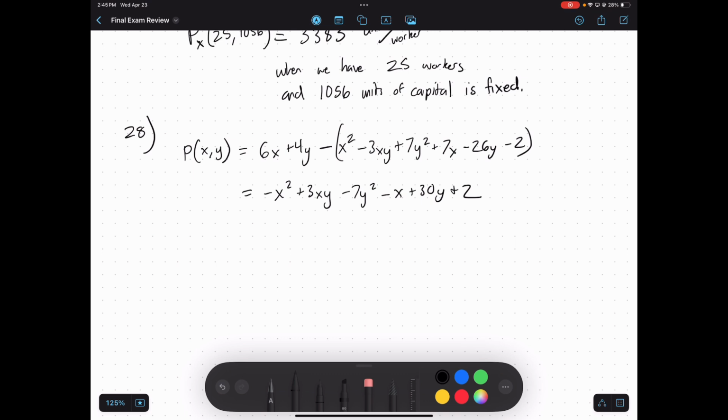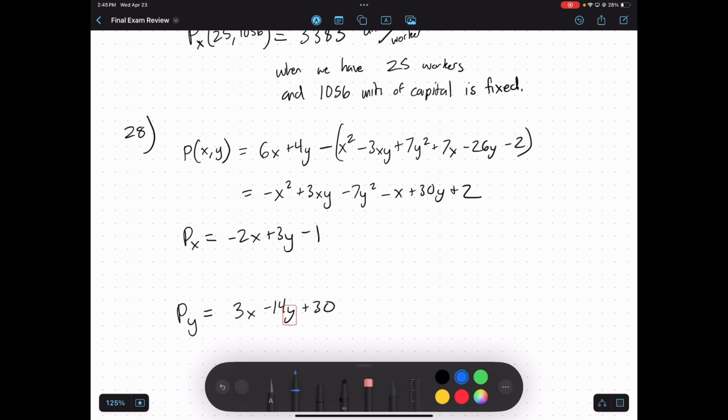So I want to find those critical points where the derivative is 0. But in this case, I have to do that twice. I have to find both partial derivatives and set them equal to 0. So P sub x is equal to negative 2x plus 3y minus 1. You'll have to check my work later. We're out of time. And P sub y is equal to 3x minus 14y plus 30.